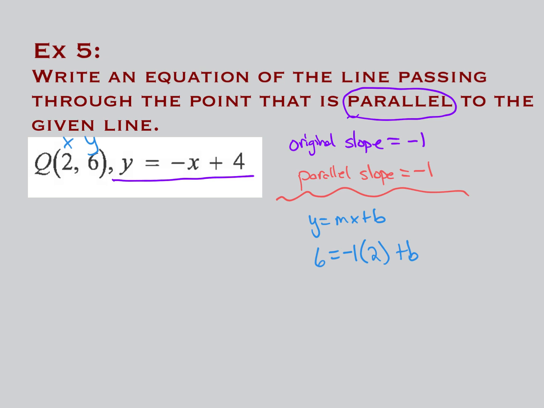Okay. All right, so we're solving for b now. 6 is equal to -1 times 2, -2 plus b. Now what do I do? Add a 2 on both sides. b equals 8. Okay. What's the last step I do?